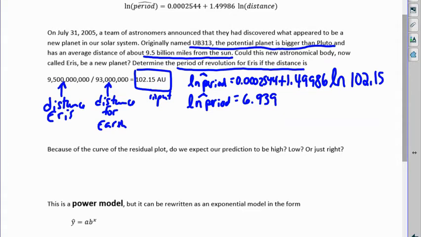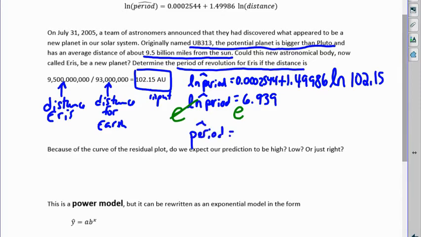So now I want to solve for the period. So I will have to raise both sides with a base of e. So that means that natural log can cancel with the base of e, leaving me with the predicted period.